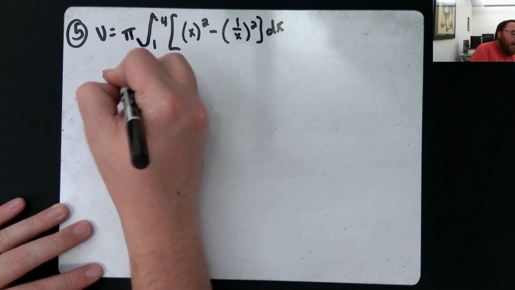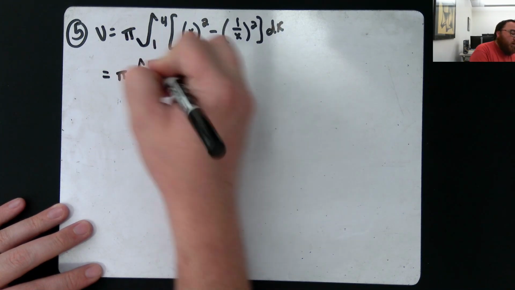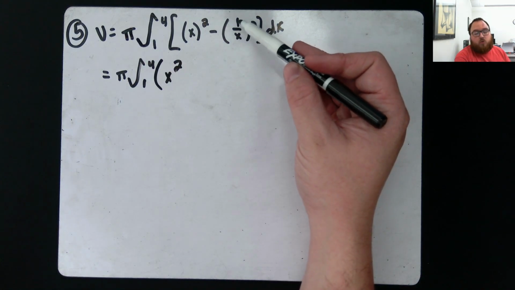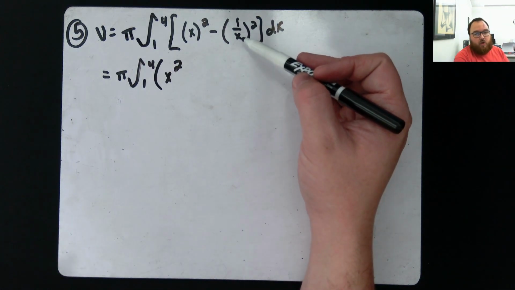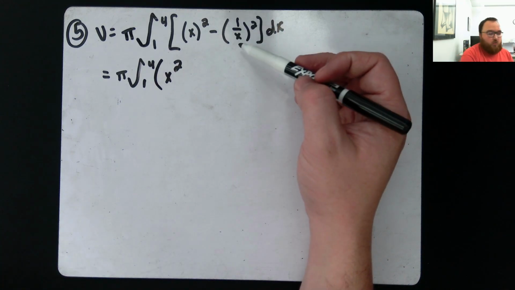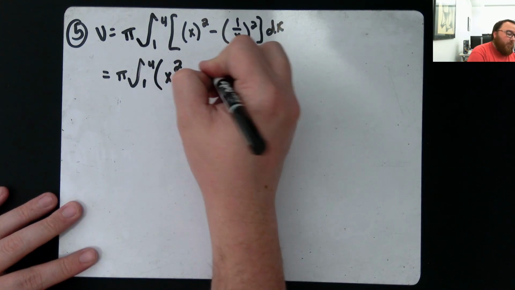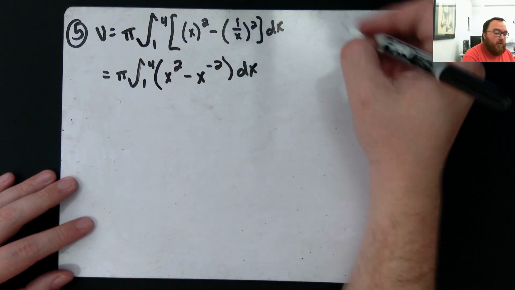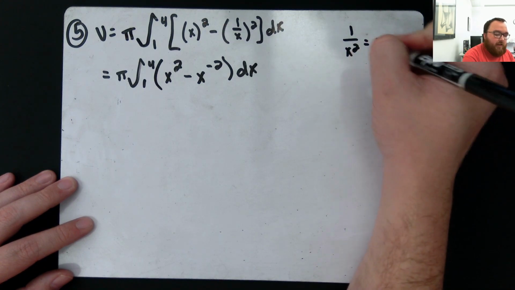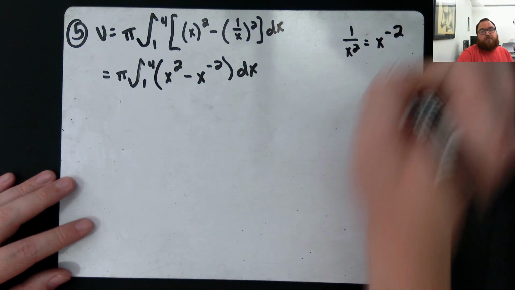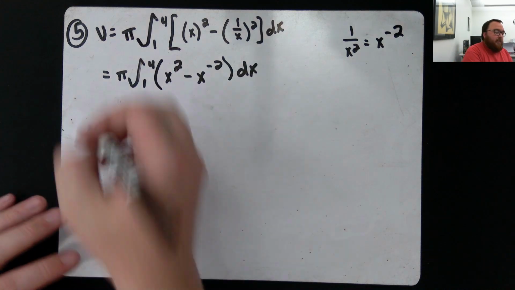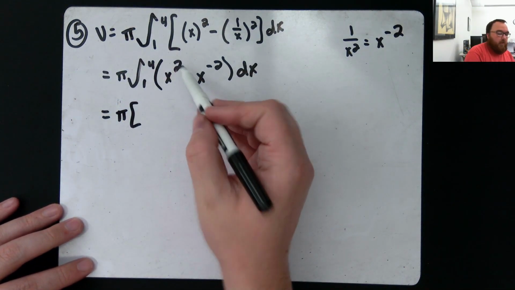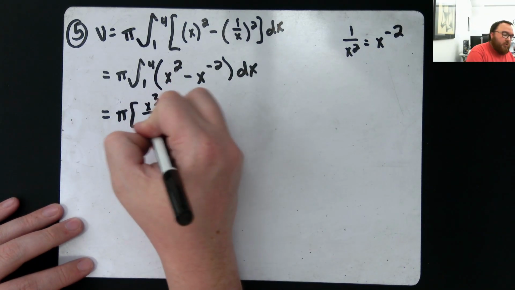So this is going to be pi integral from 1 to 4. x squared is just x squared. 1 over x squared, 1 squared is 1, x squared is x squared. So this is 1 over x squared, which we can write as x to the negative 2. So now take the antiderivative: add 1 would give me a 3, then divide by my new power, which is 3.